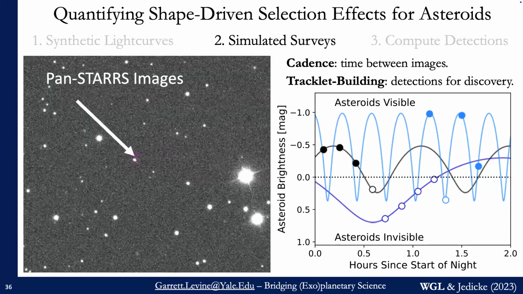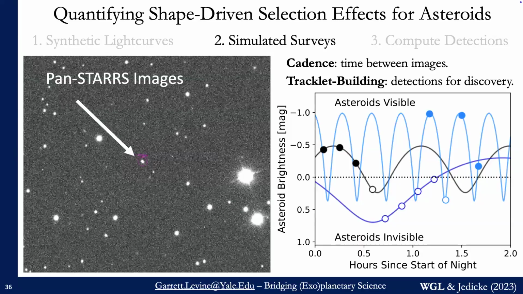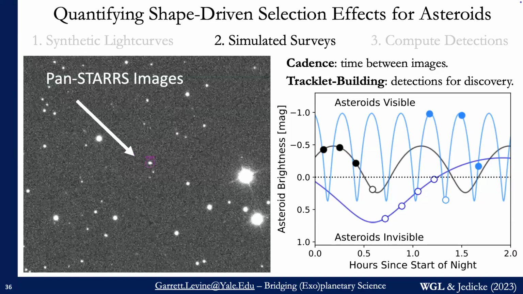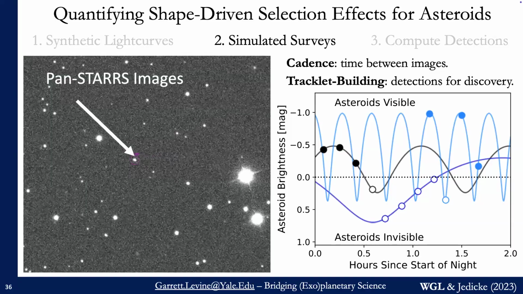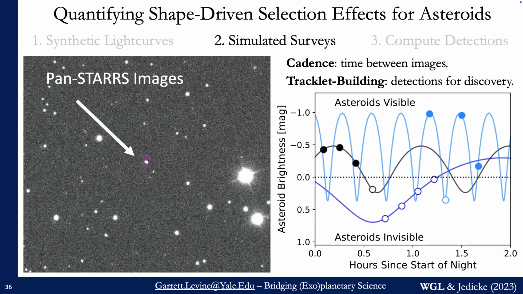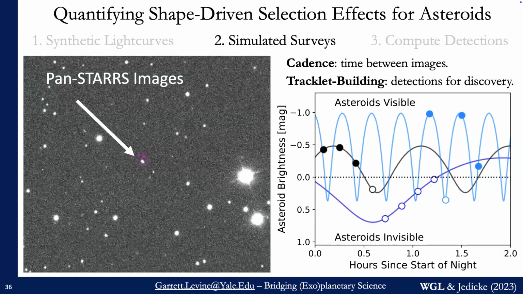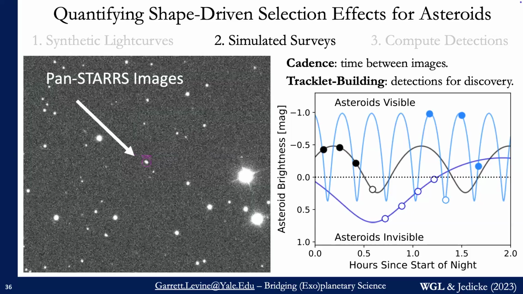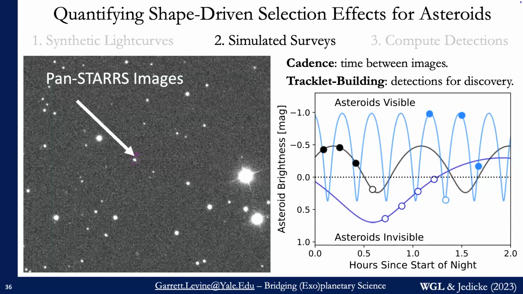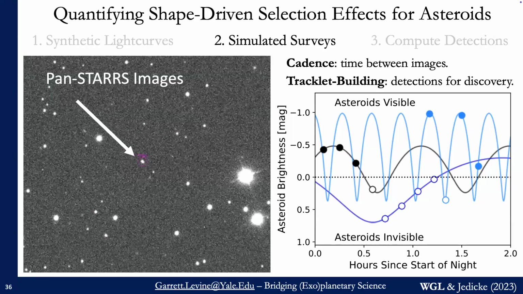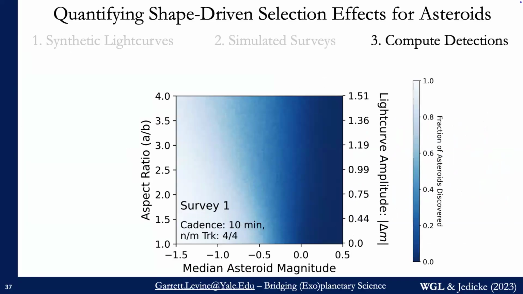That is, the cadence, the time between images, and the tracklet building, the number of times you need to see an object in order for the moving object processing system to link it and to detect it as a small body. So we borrowed cadence and tracklet building criteria from these contemporary surveys like Pan-STARRS and ATLAS and Catalina, and then we put it all together and we can compute our detections.